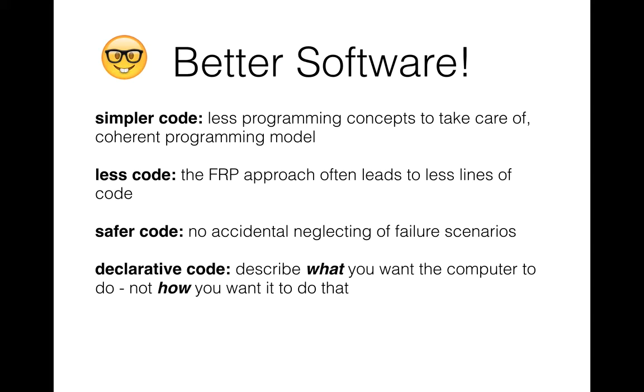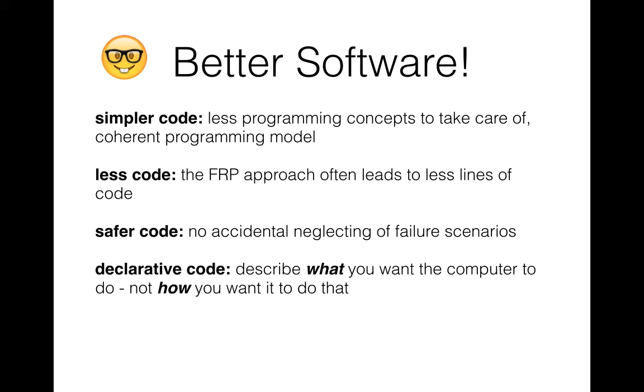And then one very important point as well is the fact that when we are writing a program with an FRP library, we are writing declarative code. What does this mean? Declarative basically means that we're describing something, right? The whole goal here is that we're describing what we want the computer to do, and we are not telling it how to do it.